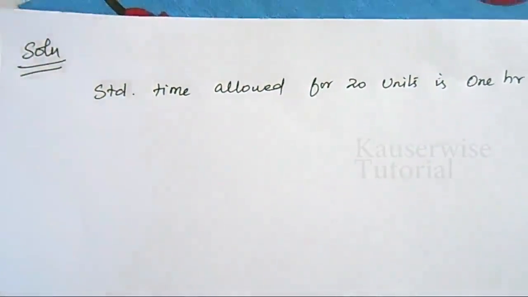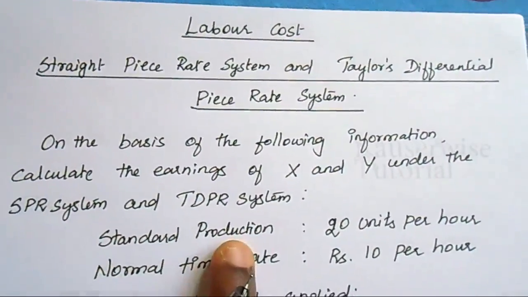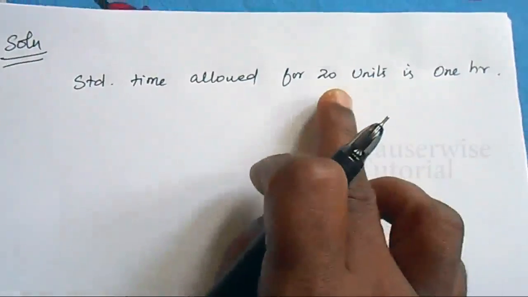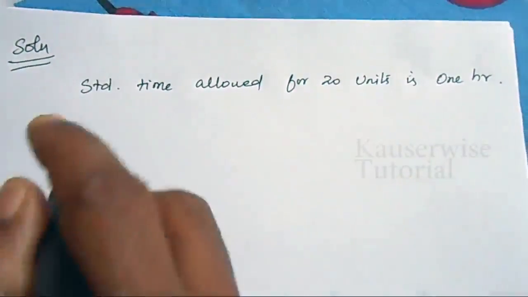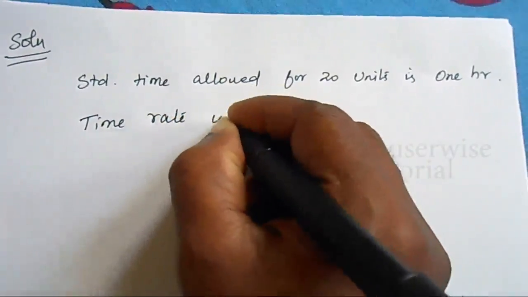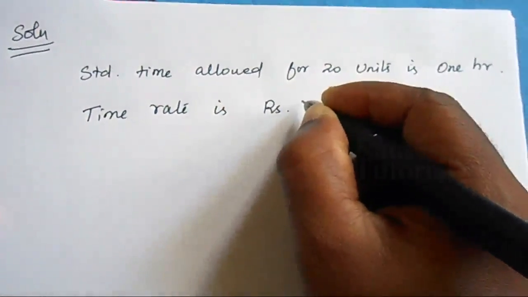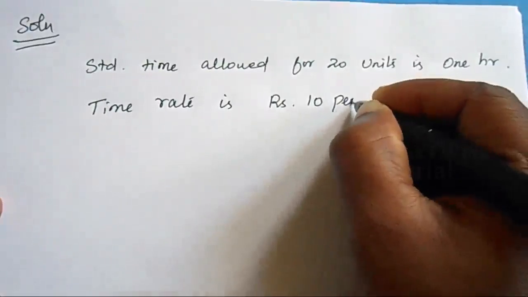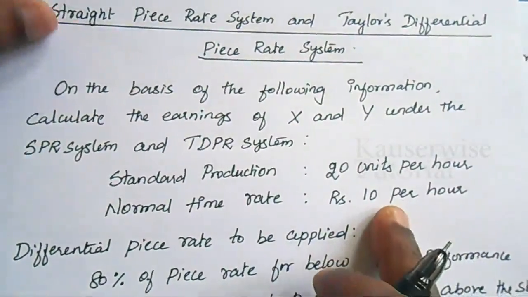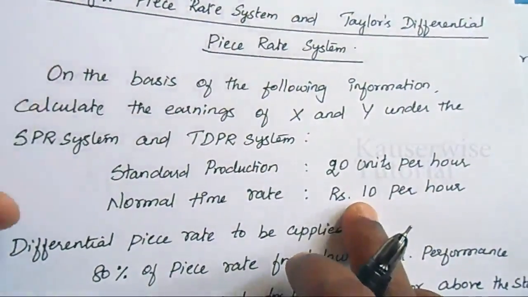Look at this problem: the standard production is 20 units per hour, so every hour they need to produce 20 units. And time rate is rupees 10 per hour. The normal time rate is rupees 10 per hour, so every hour the person will get 10 rupees.